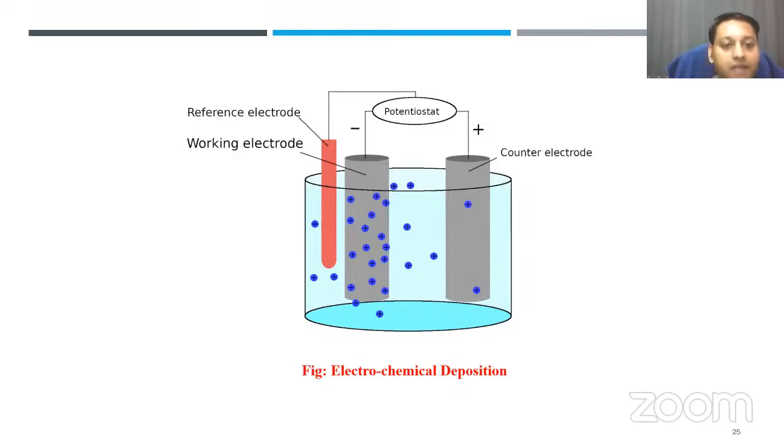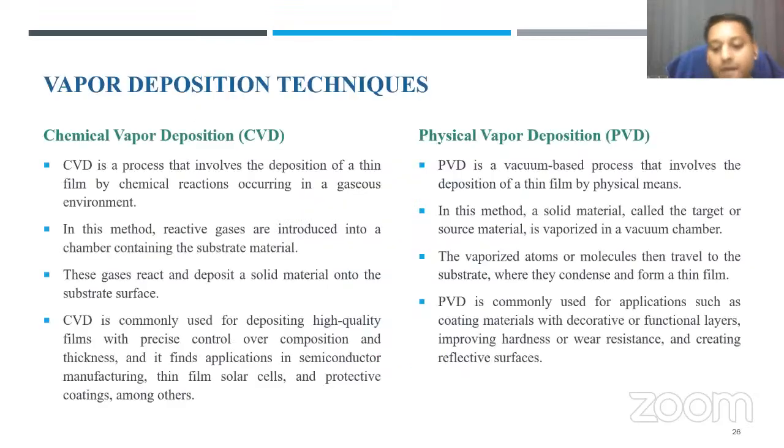The metal electrode will be the anode, and from the anode the metal ions will come into the solution. Then by applying a suitable electrochemical potential, those ions from the solution will get deposited on the cathode. So this way the electrochemical method works.